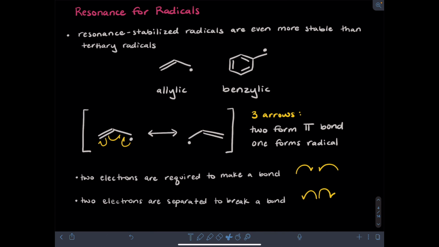And in the fishhook arrow notation, you separate 2 electrons in order to break a bond using 2 fishhook arrows. So in the allylic example up above, I'm separating the 2 electrons from the pi bond, using one of those electrons to form a new pi bond, and one of those electrons is going to form the new radical.